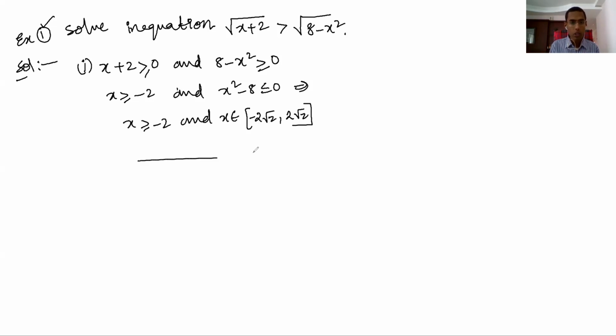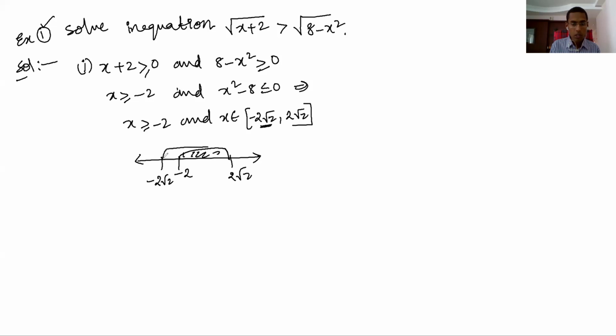Now if you see, minus 2 root 2 is even less than minus 2, and then you will get minus 2, and then 2 root 2. So this is the actual region.